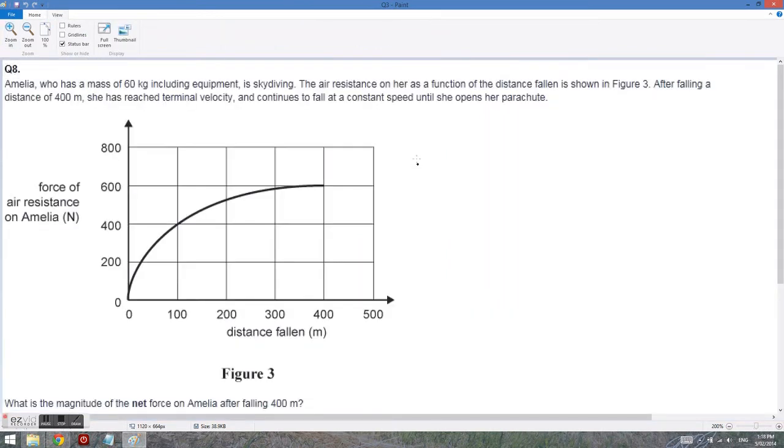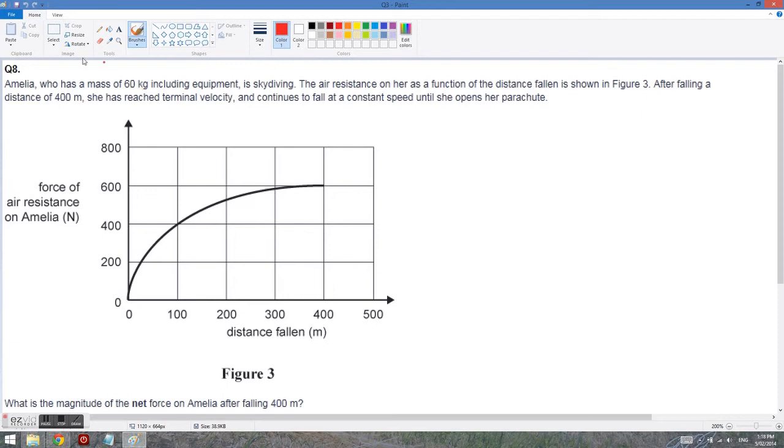Again, let's read the question. I call this question 3. So Amelia, who has a mass of this, is skydiving, the air pressure on her. Well, just read it. We have air resistance. We have the distance fallen.